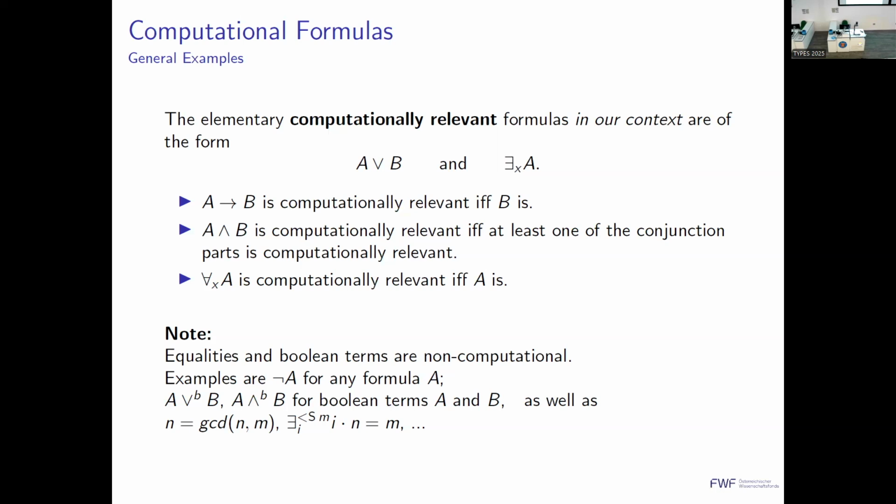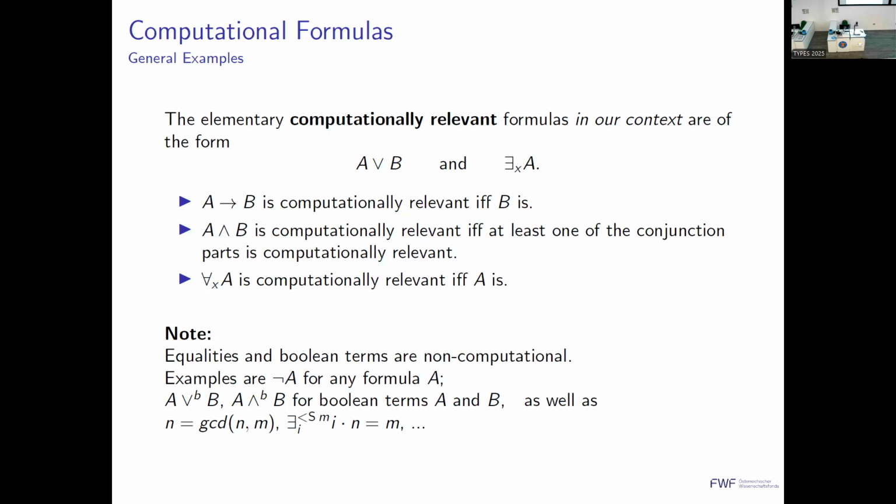This is not computationally relevant because you already get the information to compute a witness by just going through all possibilities. Whereas for the unbounded existence quantifier, you cannot test infinitely many possibilities, but here you have finitely many. Okay, just for the intuition, hopefully you have maybe already seen this.